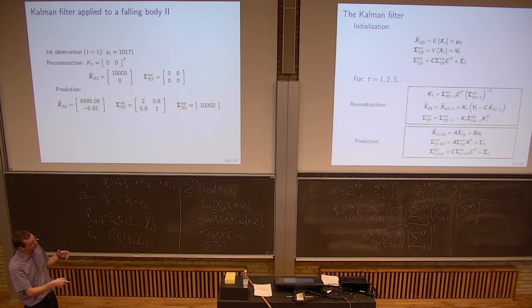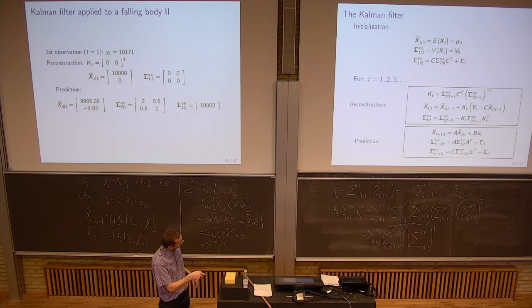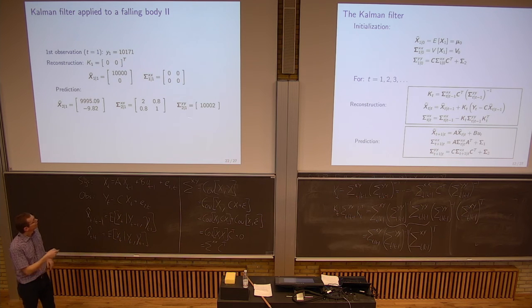Well, this was 0, so we just add the noise for the system noise matrix here. And when we then add these two things together with the observation noise, we get a slightly increased noise estimate out here.